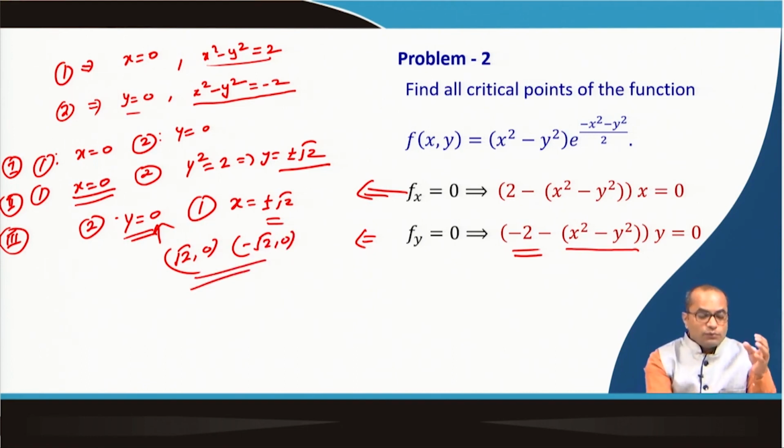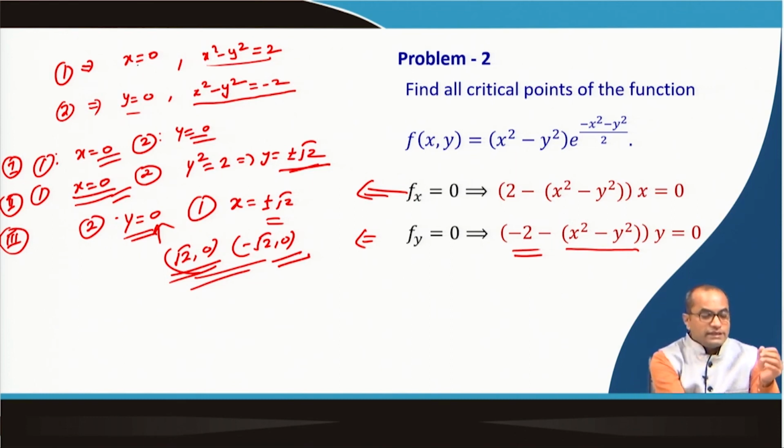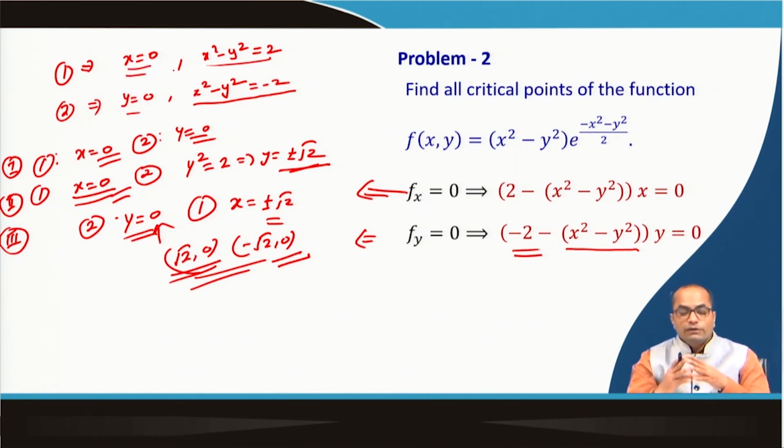Now, at all these points, whether it is (plus square root 2, 0), (minus square root 2, 0), or (0, square root 2), (0, minus square root 2), or (0, 0), the derivative value of this function will be 0 at all these points.